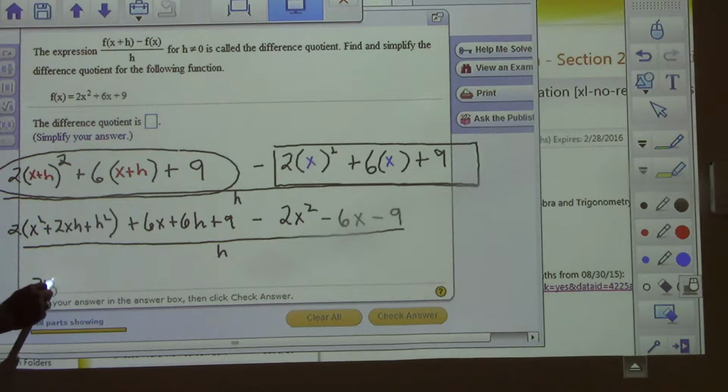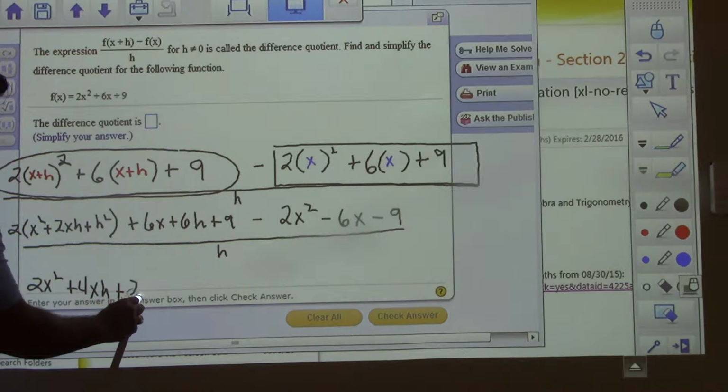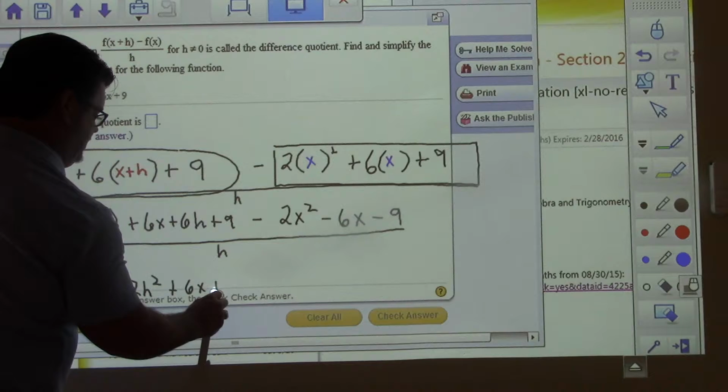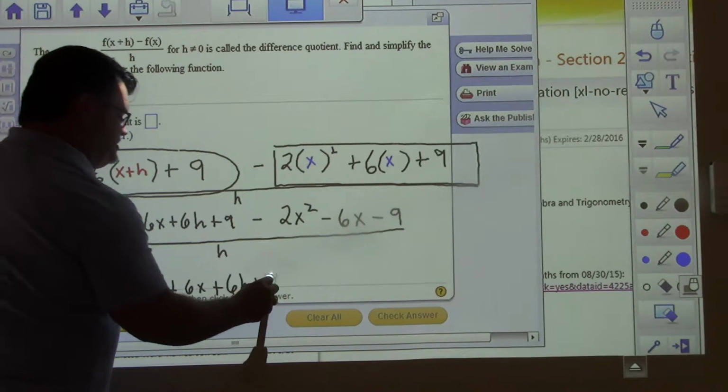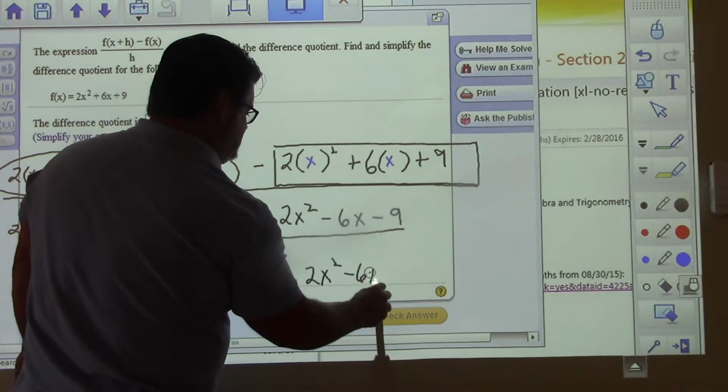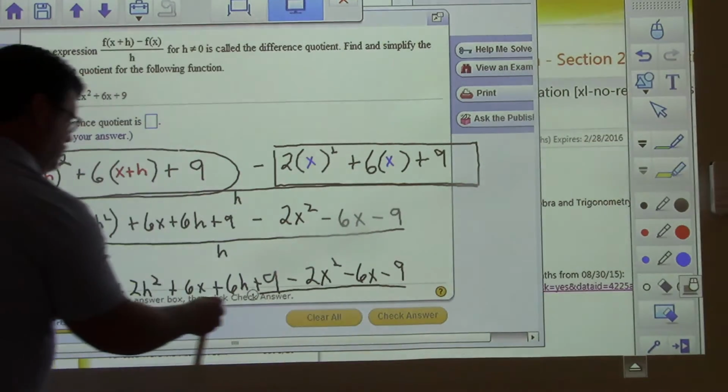That gives 2x squared plus 4xh plus 2h squared plus 6x plus 6h plus 9 minus 2x squared minus 6x minus 9.